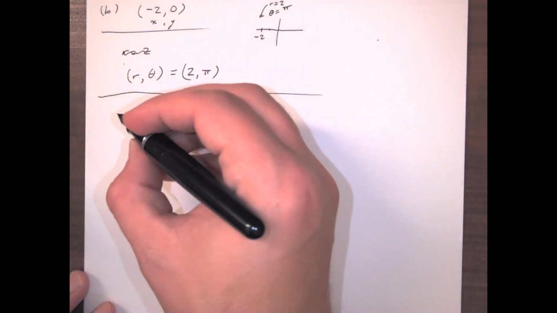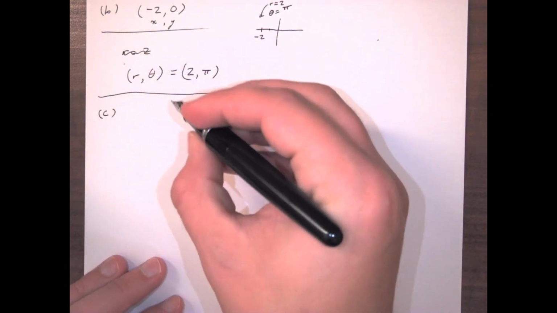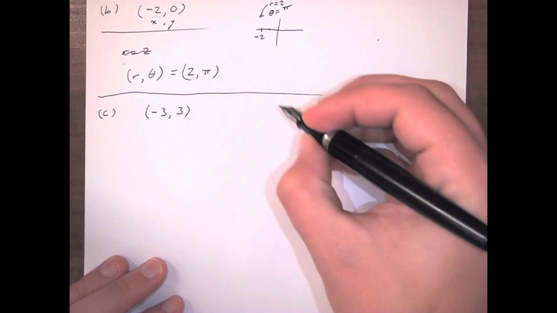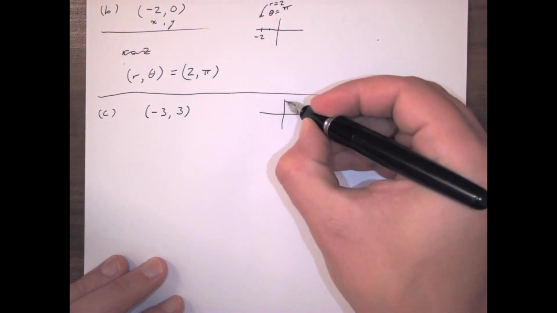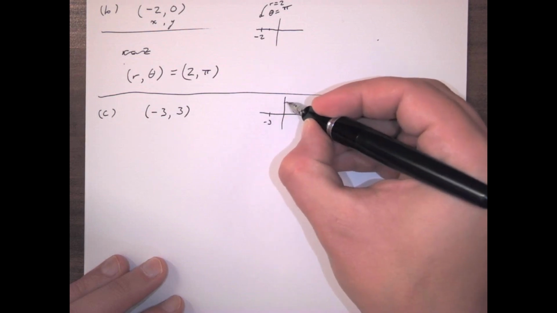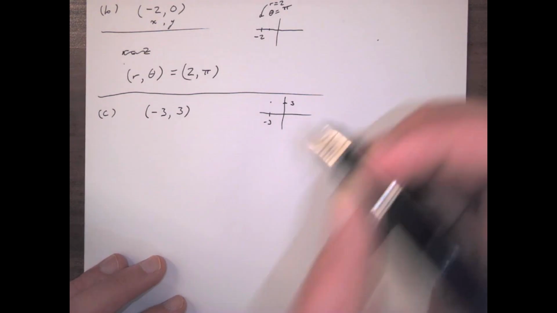Okay, now let's take the point negative 3, comma 3. We can actually see where we are on this one.